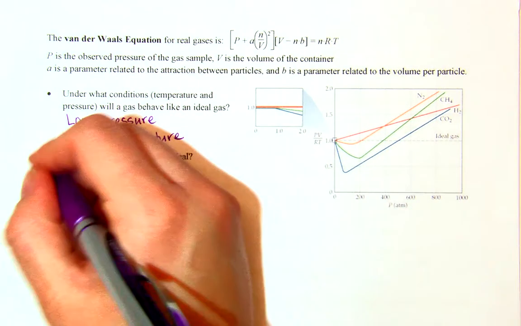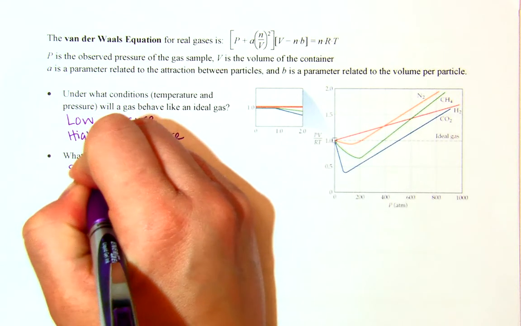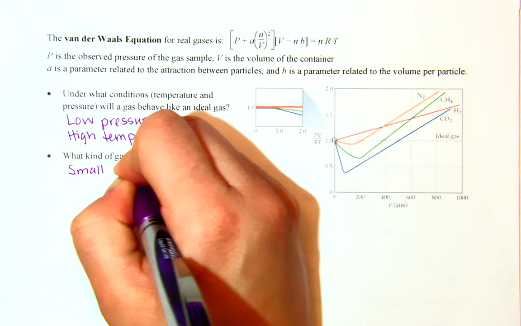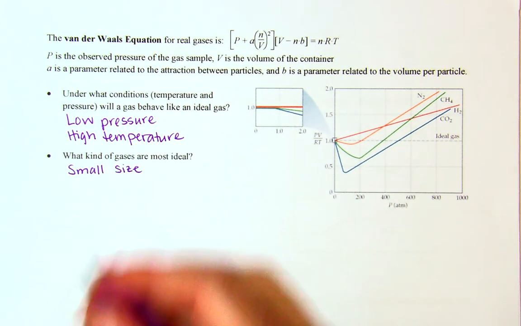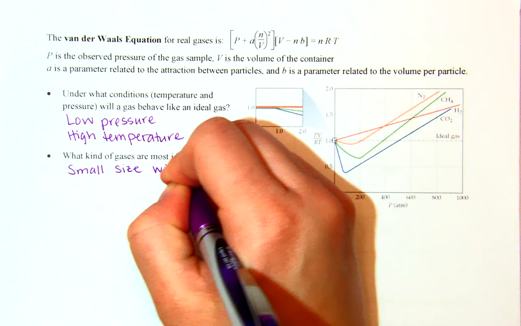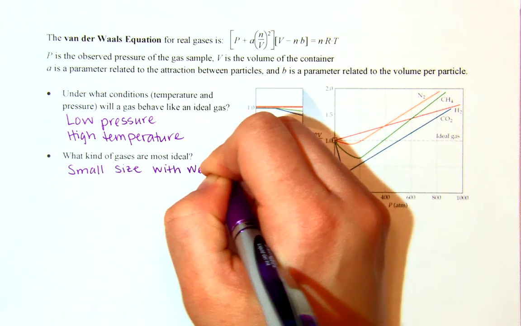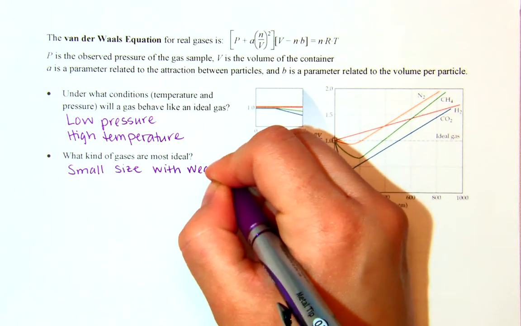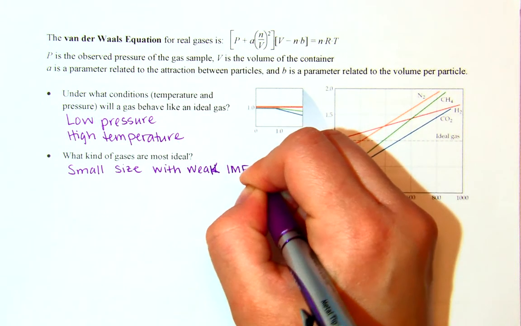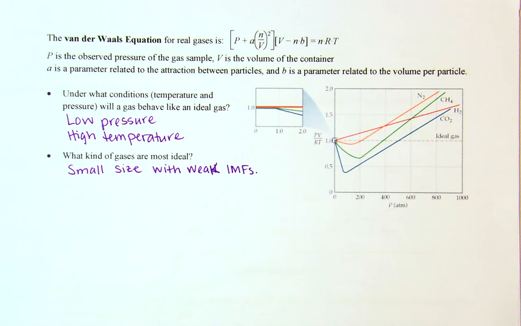So, small size. And you also need to take into account their intermolecular forces. With weak IMFs. Okay, so that is everything that you need to know about gases, and that is the end of your 10.2 notes, the end of video 3 of 3.